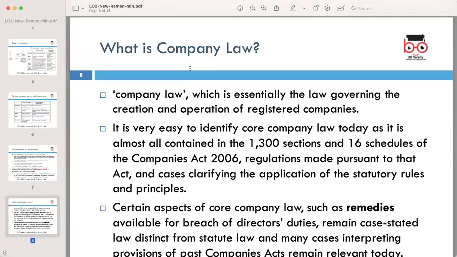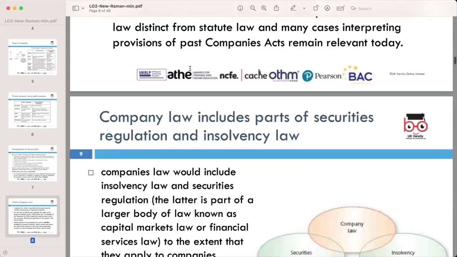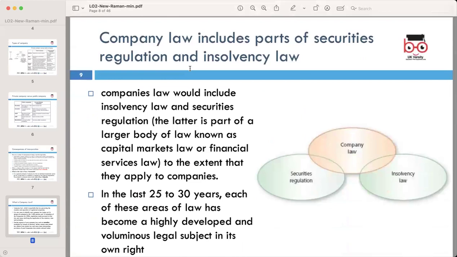Company law, securities. Here, company law includes part of securities regulation and insolvency law. So, company law, securities regulation, insolvency law. Company law encompasses elements of both securities regulation and insolvency law as they apply to companies.